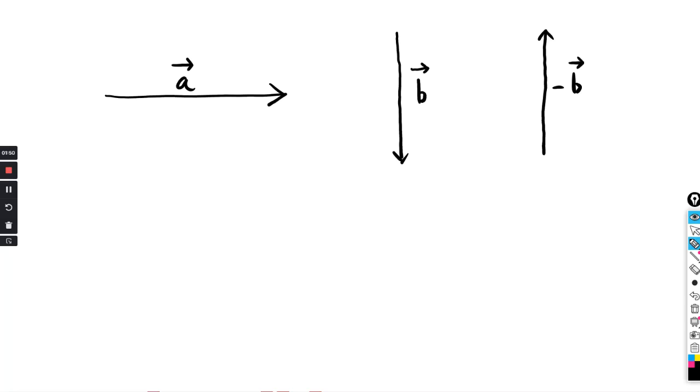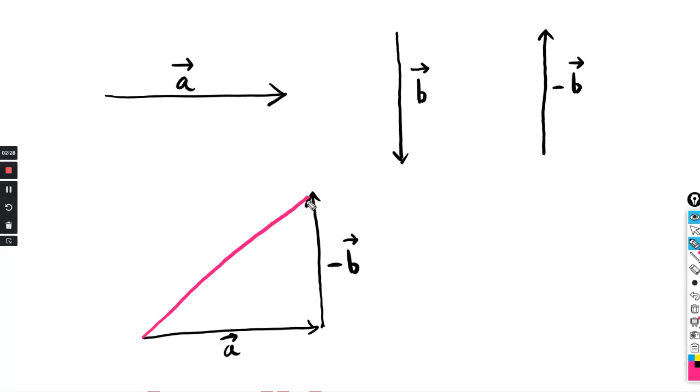Okay, and then if you want to use the triangle method, you still use the head to tail method. So start with vector A, and then take the head of vector A connected to the tail of negative B. Okay, and then the resultant vector, you connect the tail of the first to the head of the second.